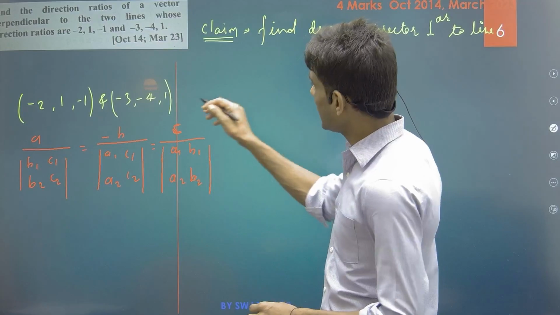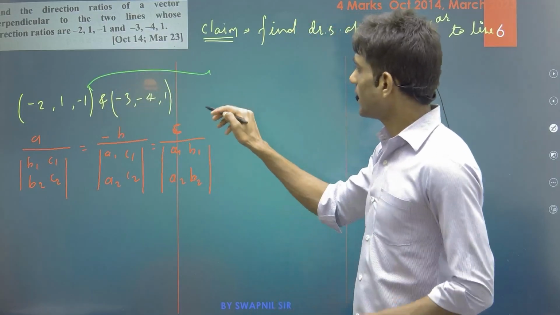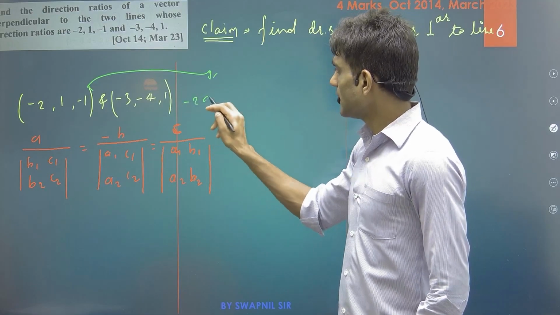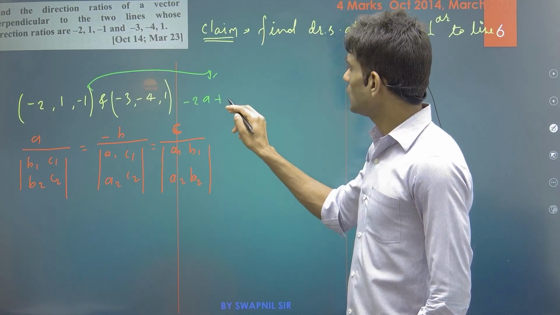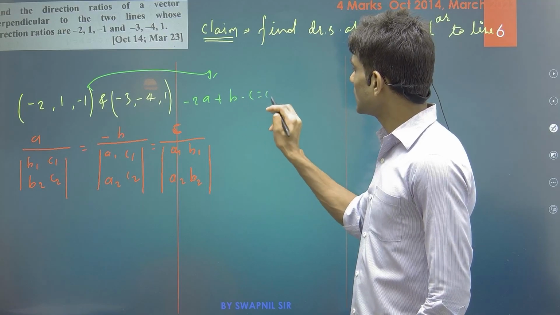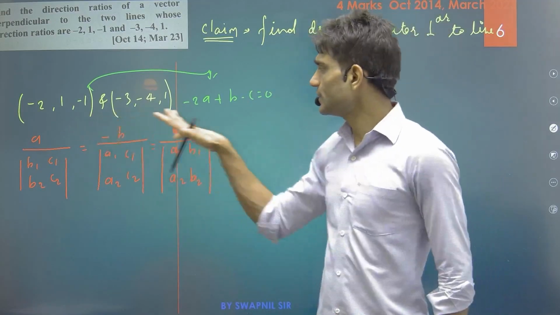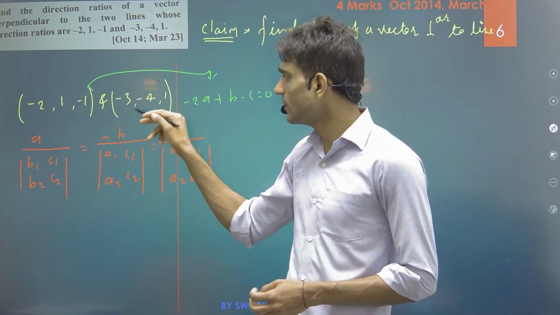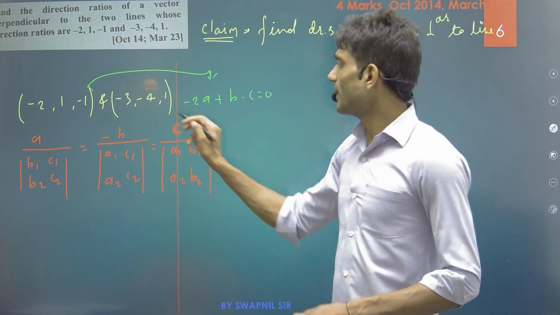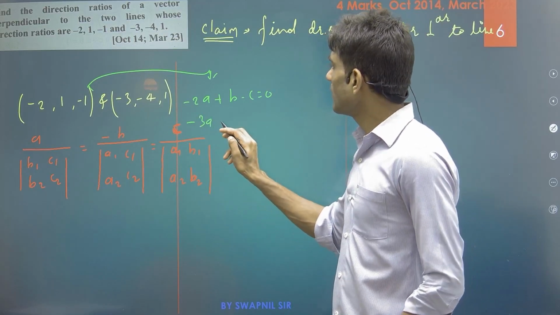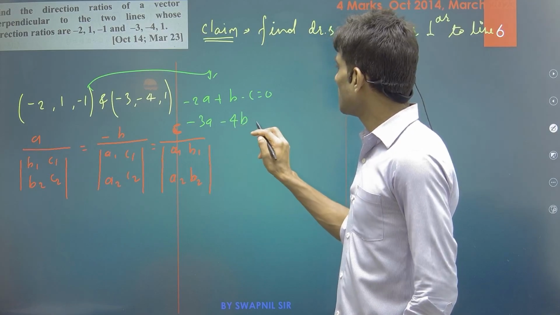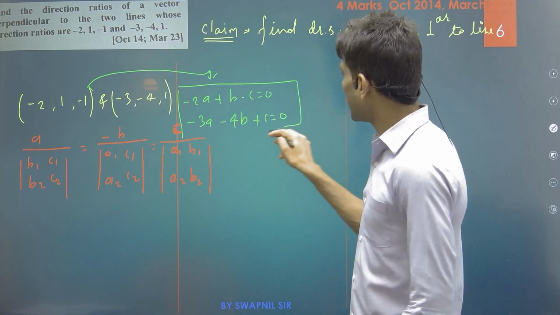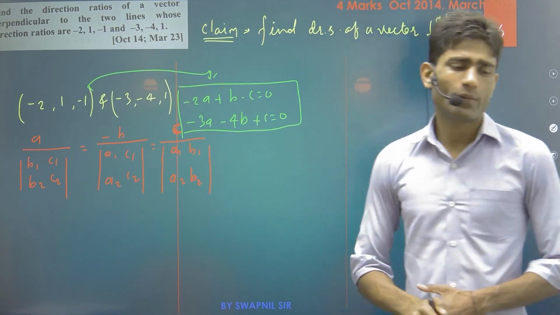Using the first vertex, minus 2, 1, minus 1, we can write minus 2 times a plus b minus c equals 0. Similarly, introduce a, b, c in our second vertex: minus 3 times a minus 4 times b plus c equals 0. These are the two required equations from our given direction ratios.